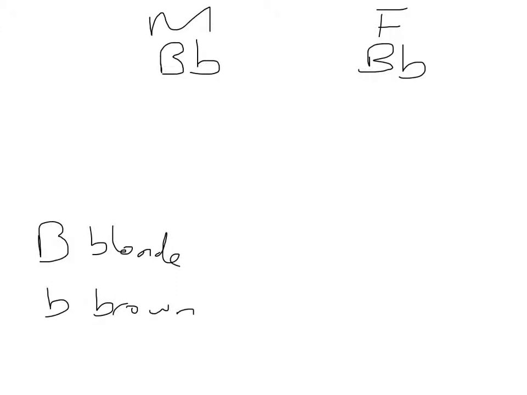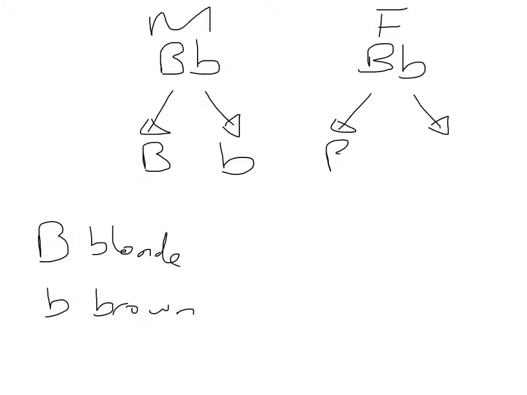And the capital B is dominant and the lowercase b is recessive. So let's have a look at the mother first. The mother's gametes, the mother's eggs, will either contain a big B allele or a little b allele. Similarly, the father's gametes, the sperm, will either contain a big B allele or a little b allele.